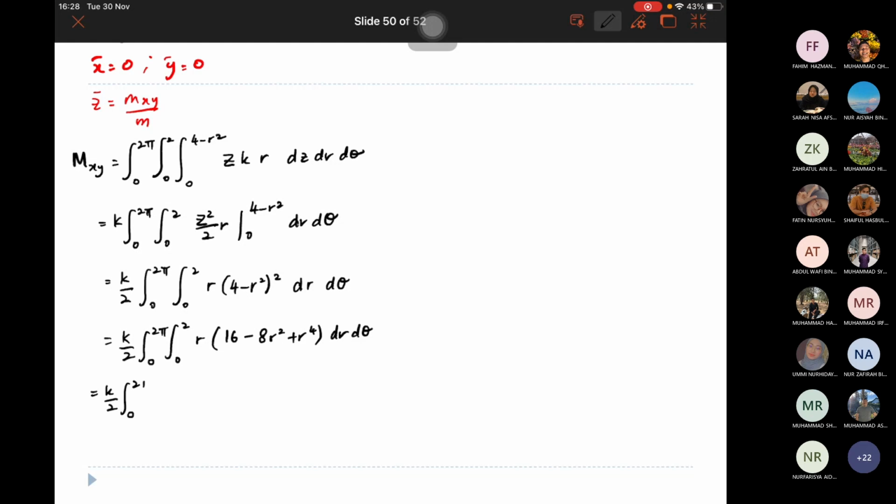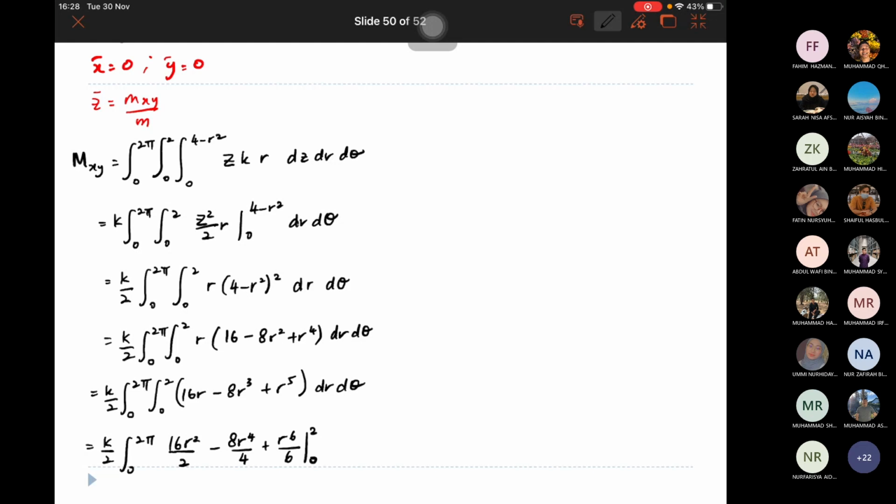K per 2, 0 sampai 2, 16 r tolak 8 r kuasa 3 tambah r kuasa 5, dr d theta. K per 2, 16 r kuasa 2 per 2 tolak 8 r kuasa 4 per 4 tambah r kuasa 6, 0 sampai 2, d theta.